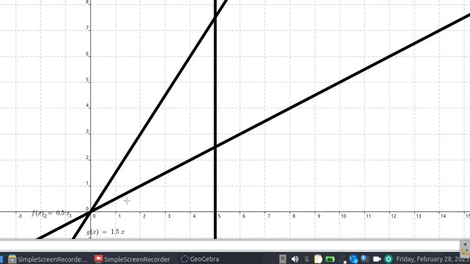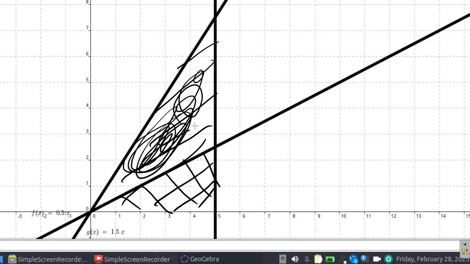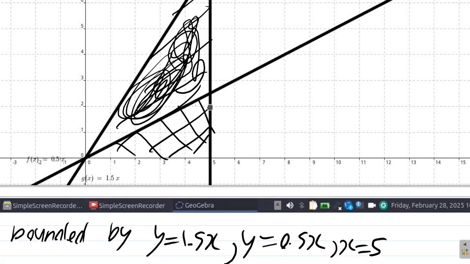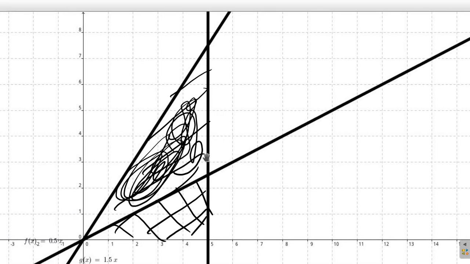Because if you consider the half base times height with the 1.5x, and then the half base times height with the 0.5x, and you subtract them, you get this shaded area, right? We could do that. We'd have to find out where they actually intersect.